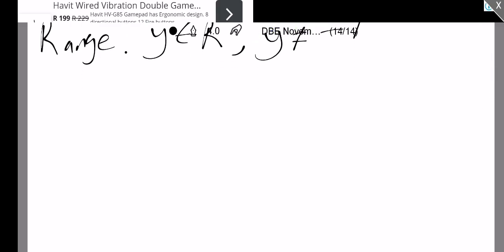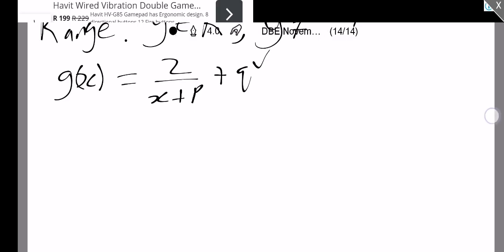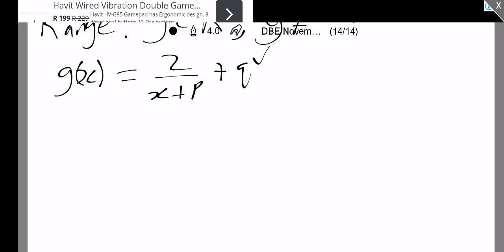The hyperbola was g of x equals 2 over x plus p, then plus q. But since we were given the horizontal asymptote, that equals the value of q. Now we'll write that later.